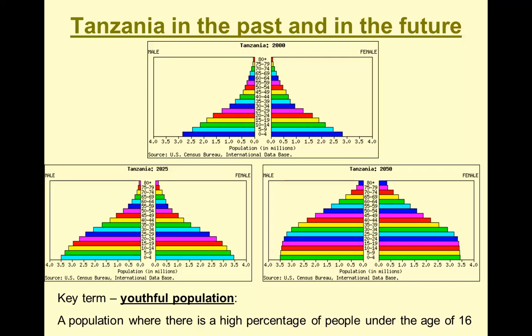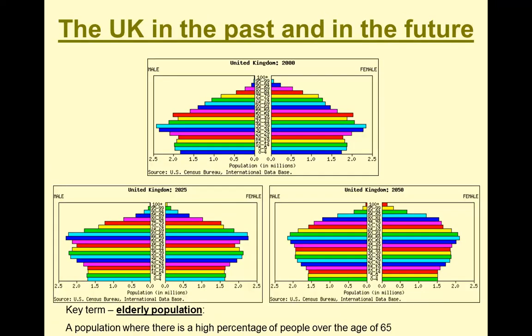The contrast to this is the UK, both today and going into the future. The UK has, and will have even more significantly in the future, an ageing or elderly population, with a high percentage of people over the age of 65. Key indicators on this pyramid: number one, a very narrow bottom indicates a low birth rate.